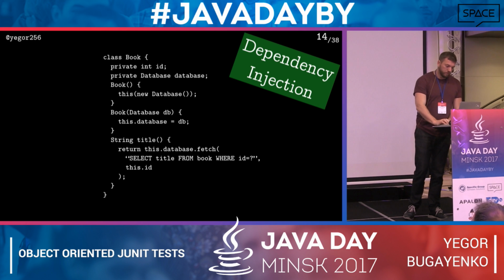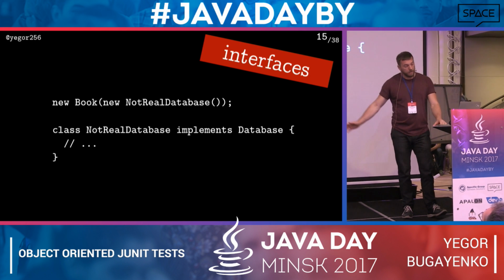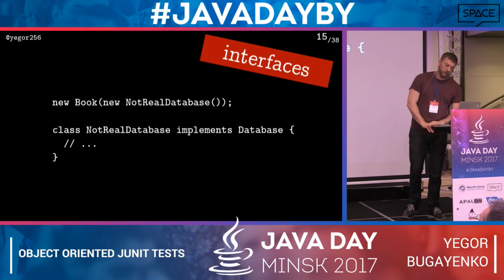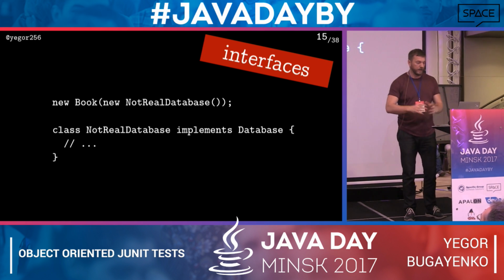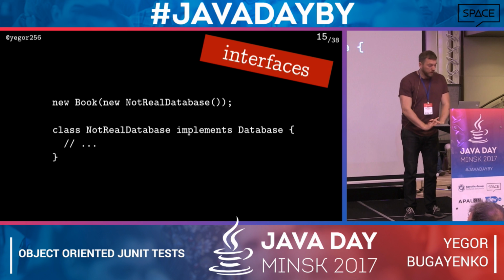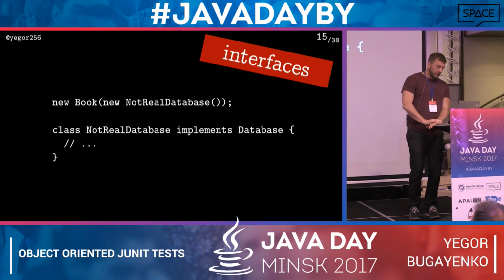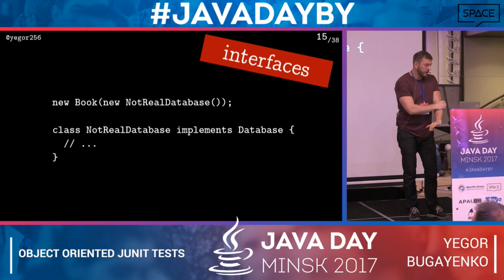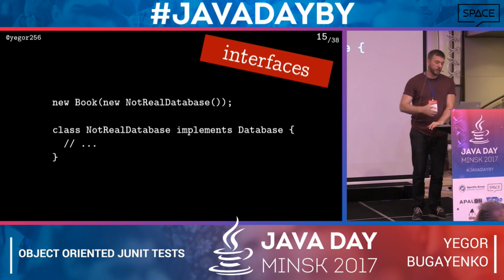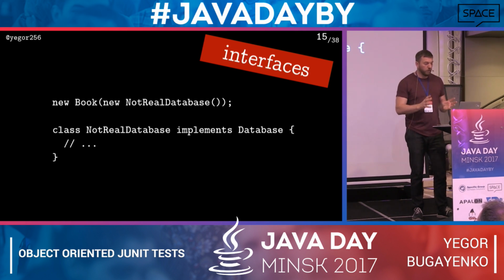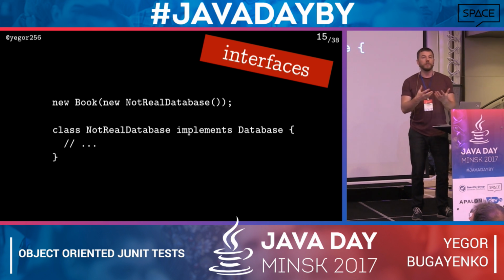And number 4 is interfaces. If you don't have interfaces, you will have some problems with breaking connections with your dependencies. Let's say I have a book and I have the dependency injection, everything is more or less clean. The book expects the database to come in, and then I'm trying to provide not a real database, some fake database, mock database, whatever.